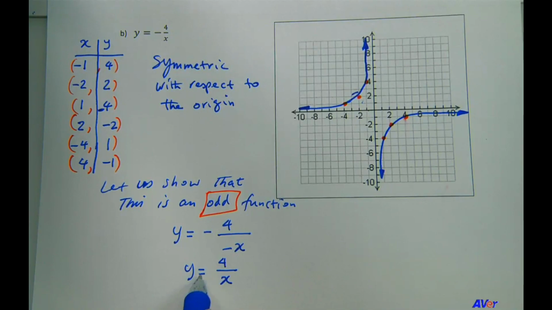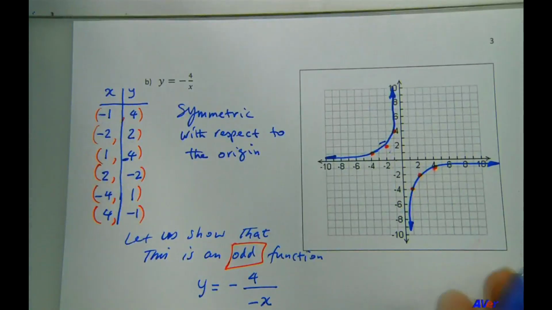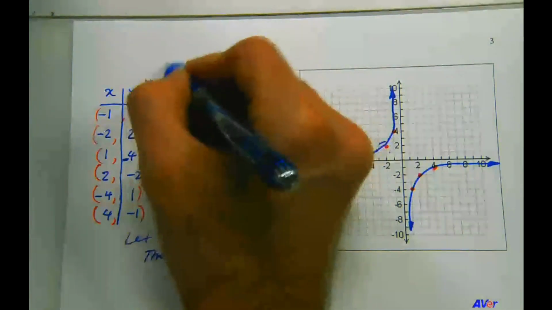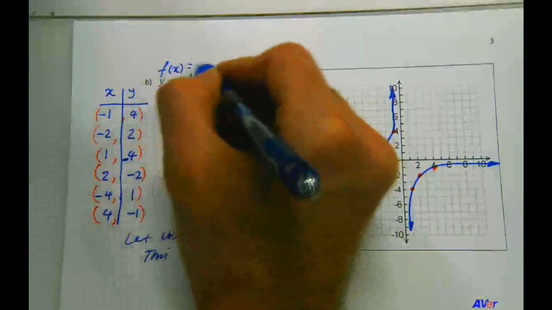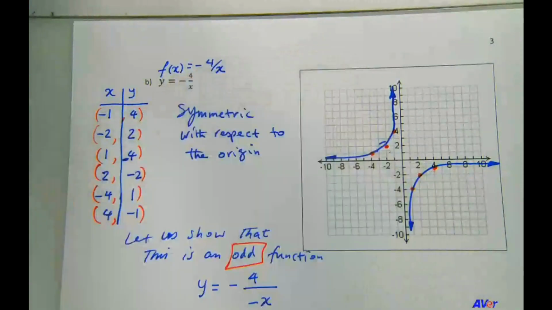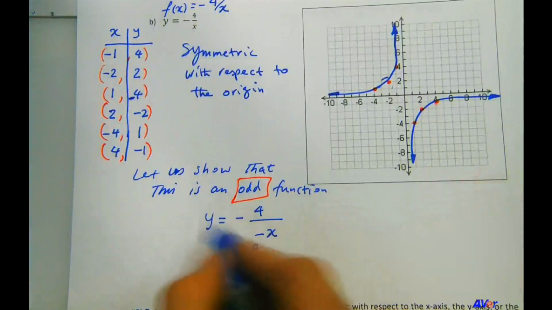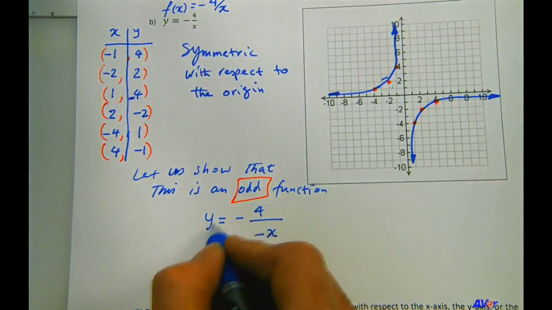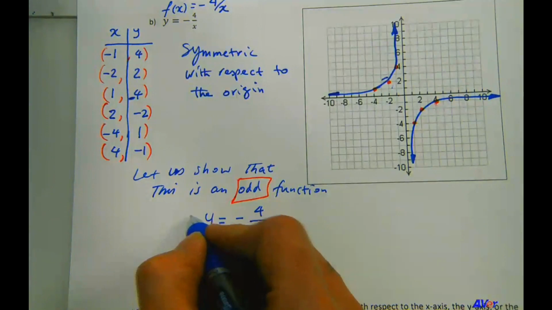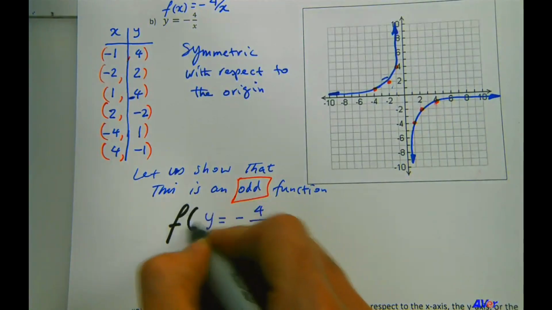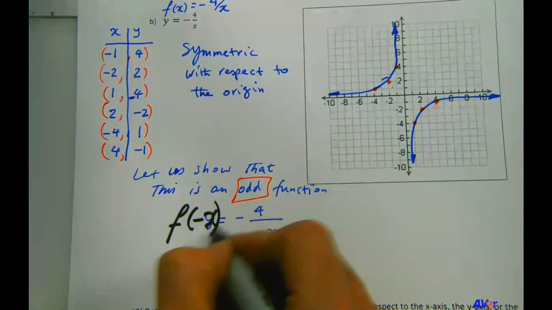So this is, if we call this function f of x, let's call it f of x equals negative 4 over x, right? If that is f of x, then what I just did here would be, let me correct this with my thicker pen, f at negative x.